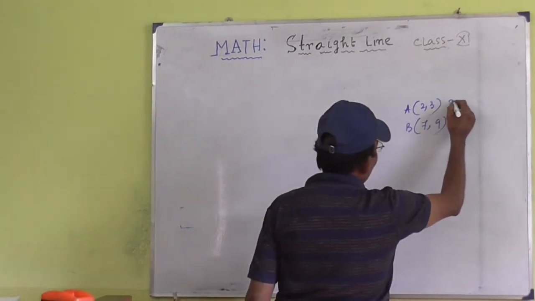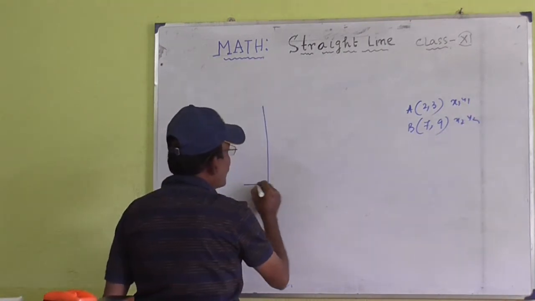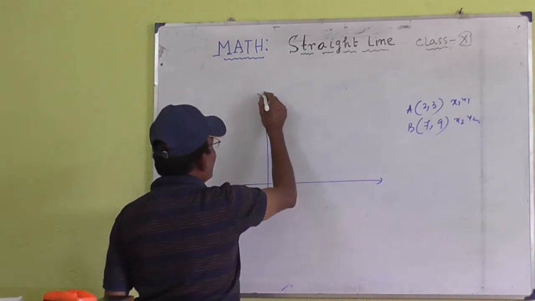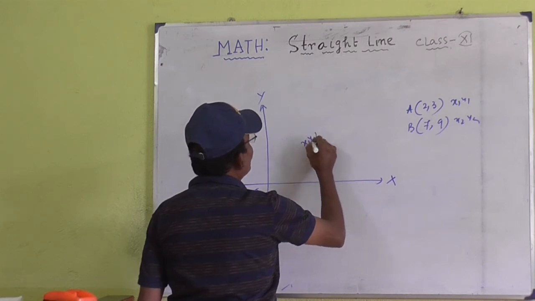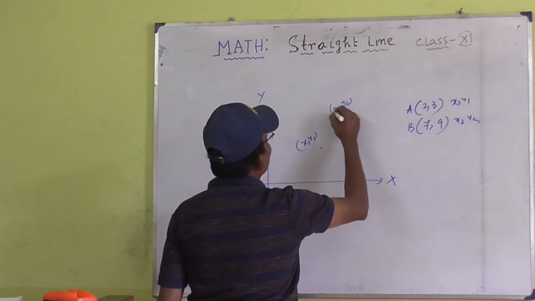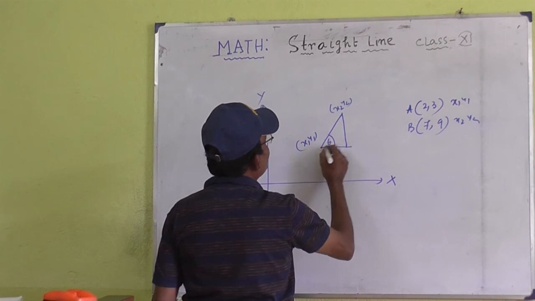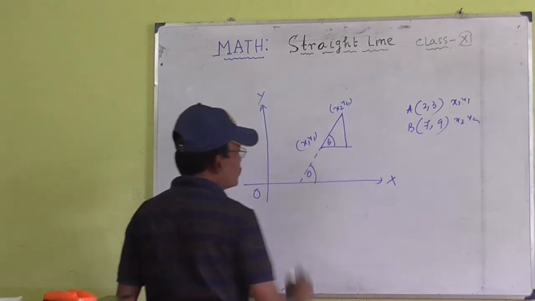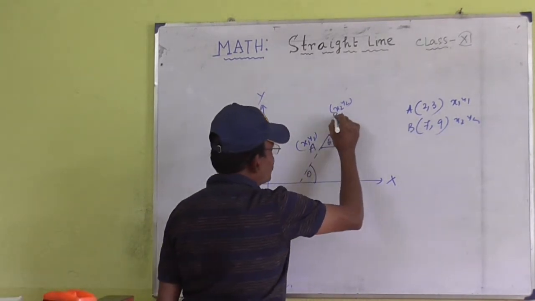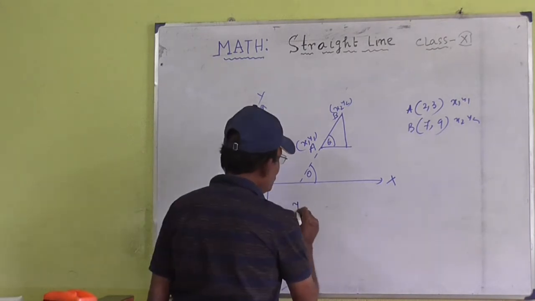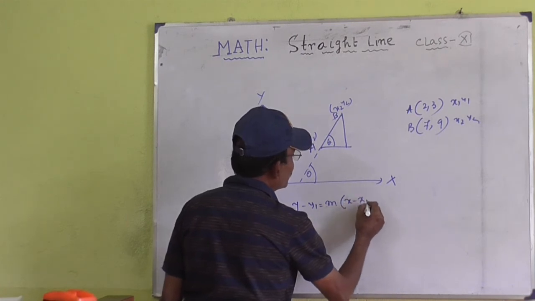Here x1, y1 and here x2, y2. If we join these, this is theta and also this is theta. Equation of the line passing through point, let us take A and then B.